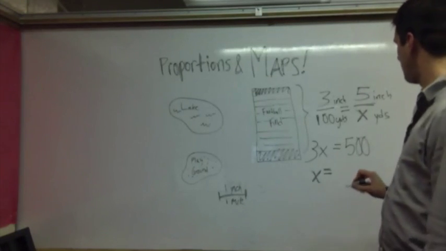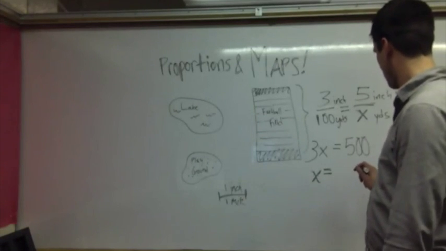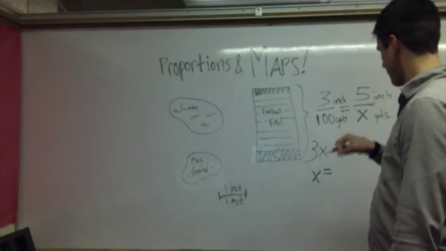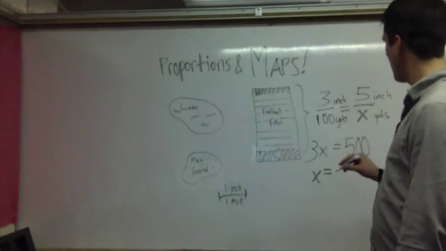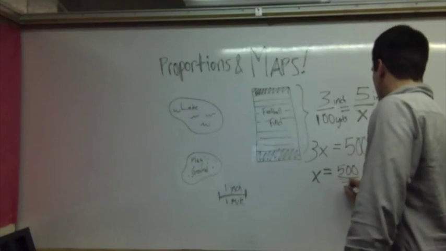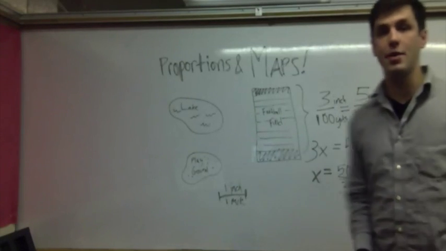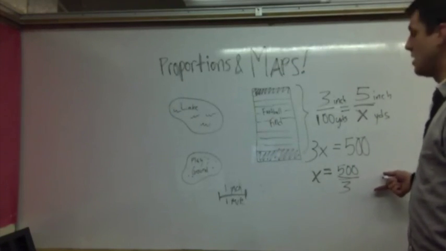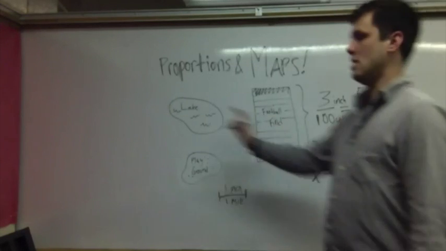And you get 500 divided by 3. Which I can't do in my head right now, but that is the fraction. It would give you a number, and that is how long the lake is in real life.